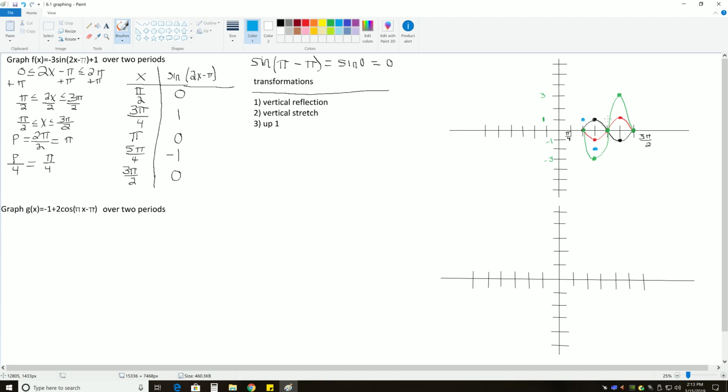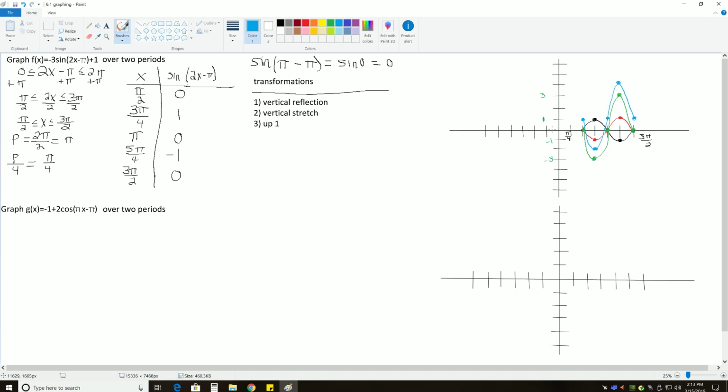This green point will again move up 1. This hill will move up 1. And finally, this green point will also move up 1, giving us a final graph that looks like that.